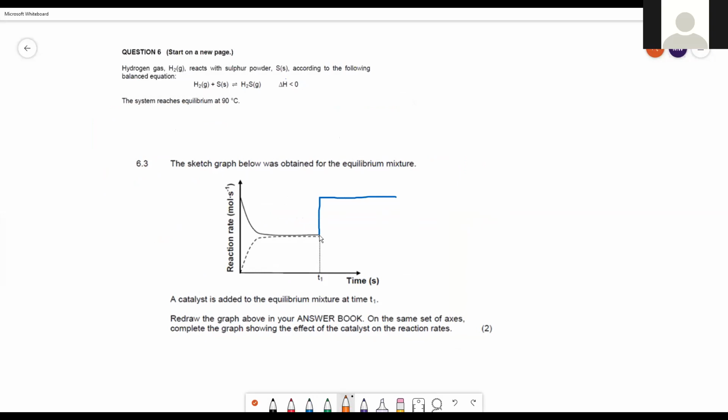And then your reverse reaction increases, and then it reaches equilibrium. So you have a sudden increase for both of them. The keyword here is that both of them have that sudden increase, exactly the same way. And then over here, after you've added the catalyst, you've got a constant rate again.